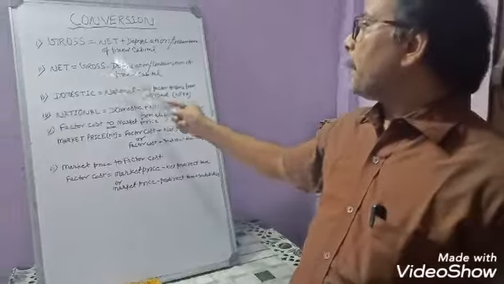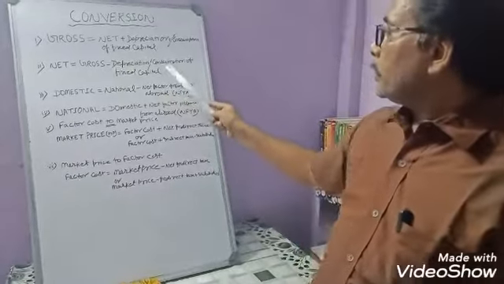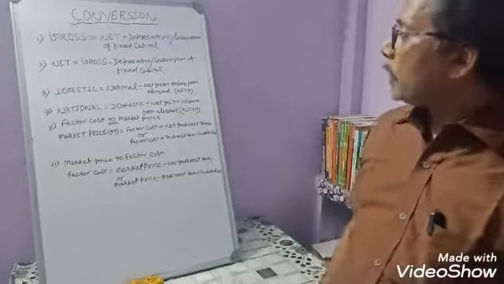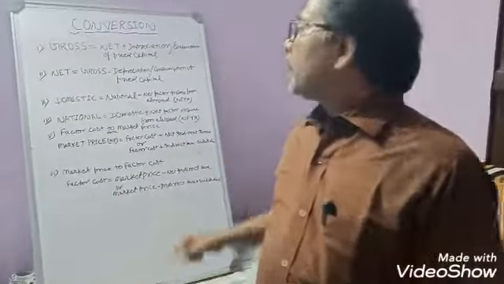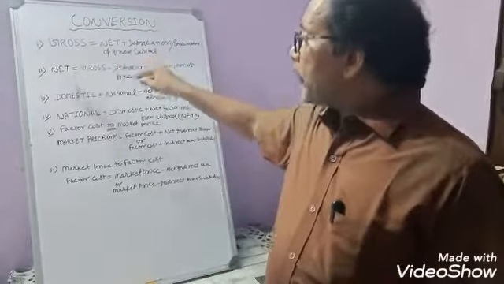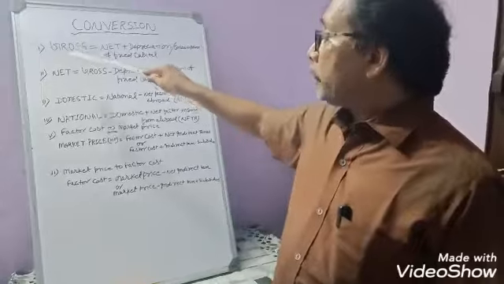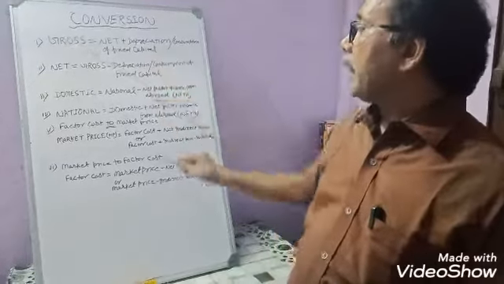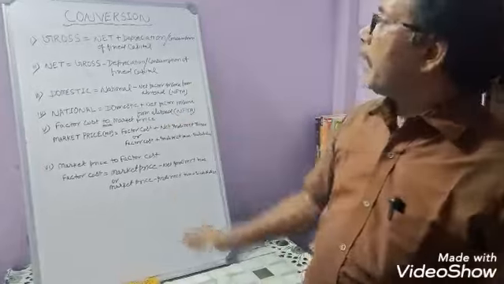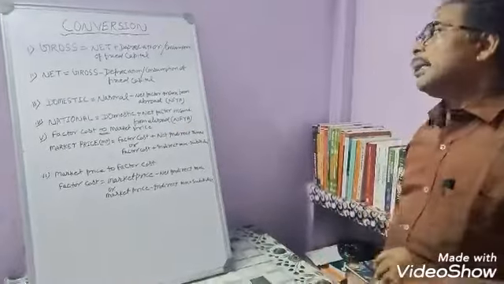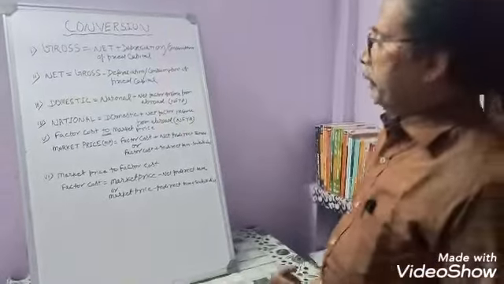So gross minus depreciation or consumption of fixed capital is equal to net. So the difference between gross and net is determined by the depreciation or consumption of fixed capital.